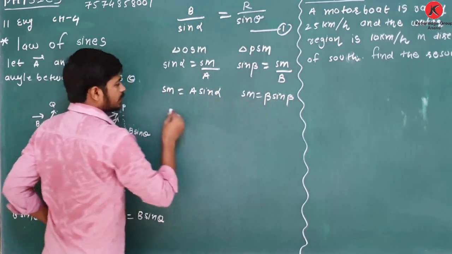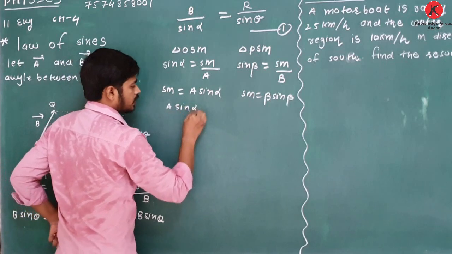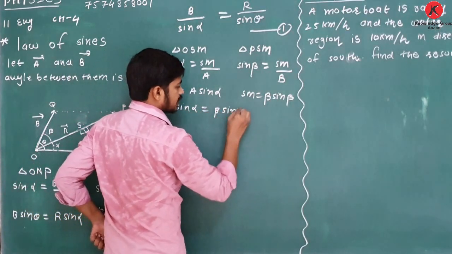From the earlier triangle, SM is equal to A sine alpha. So you can compare: A sine alpha is equal to B sine beta.